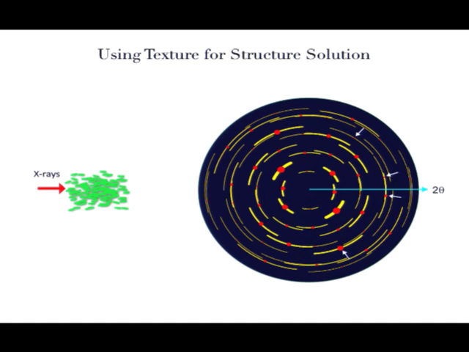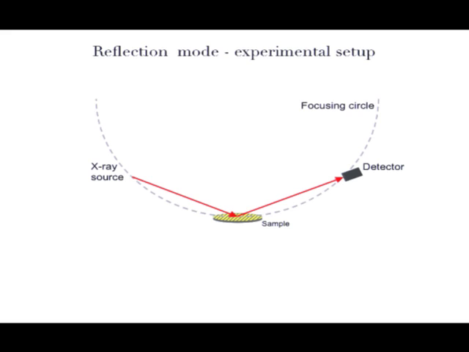So traditionally, one did, let's say, Bragg-Brentano geometry, so that is the reflection method. You have a sample, and you have your focused beam on this sample, and you have your focusing circle, and you rotate the sample in theta to measure it.